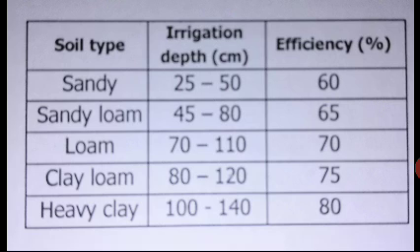When the soil grain is big, like the sand, the efficiency reduces. So you can compare with the heavy clay. For heavy clay, at the last row you can see the efficiency is 80%, whereas sandy efficiency is 60%.